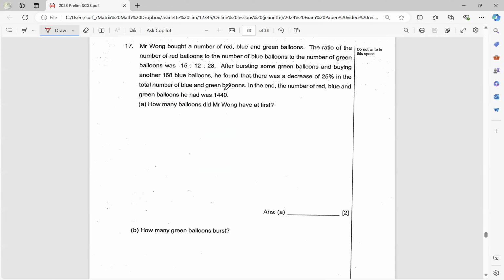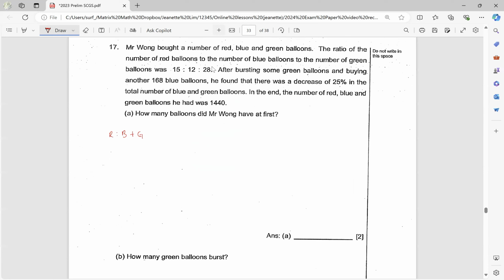Okay, since we're given the ratio at first, and then there's a change, right? There's some increase and decrease. We do before, change, after. Okay, starting off with the ratio red to blue to green: 15, 12, 28.